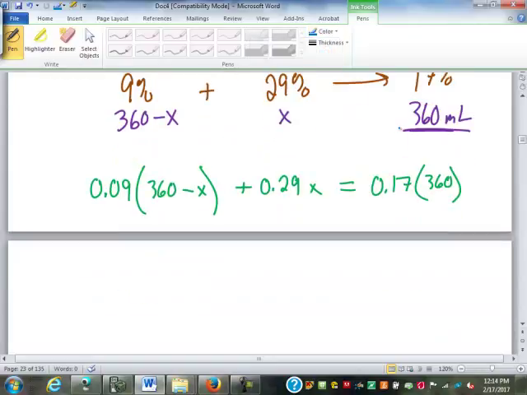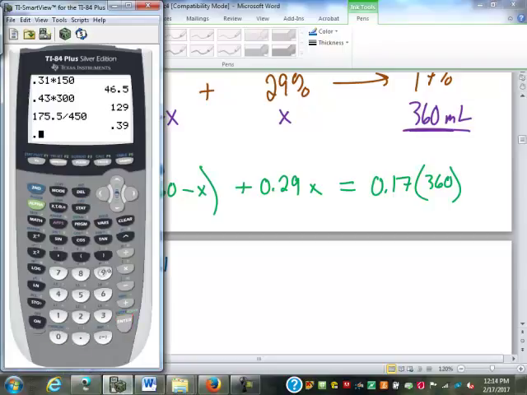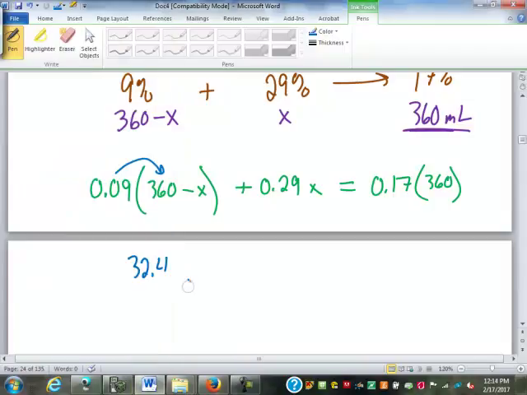So 0.09 times 360 is what, 32.4, I believe. Yep. 0.09 times negative x is a negative 0.09x. The positive 0.29x doesn't change.